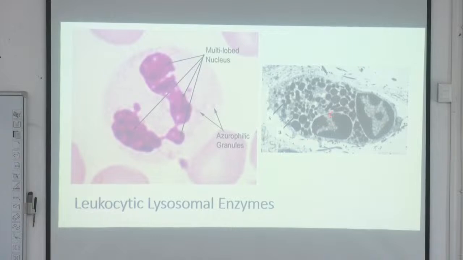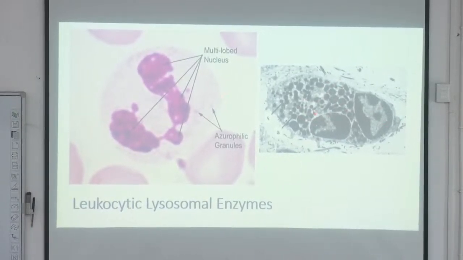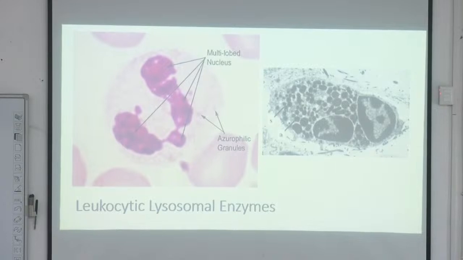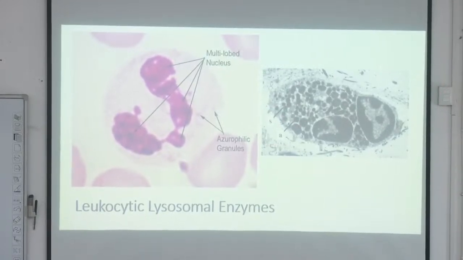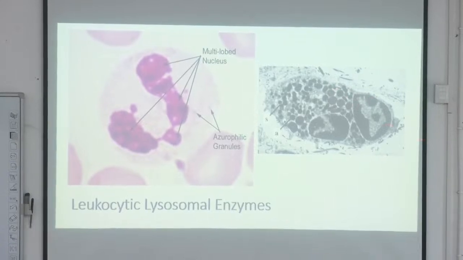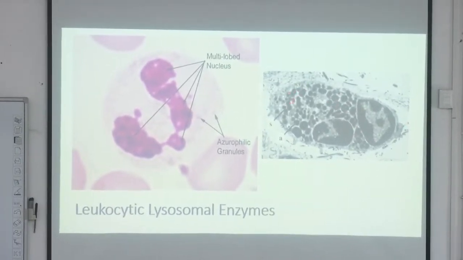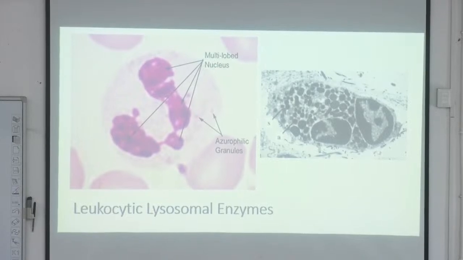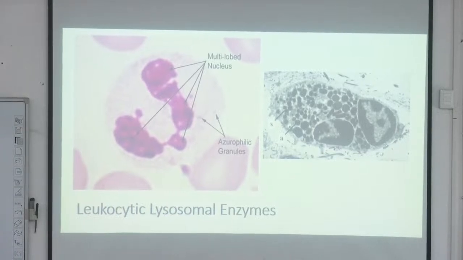This picture is seen under which microscope? Electron microscope. So these are the primary granules, the bigger ones, and these shorter ones are secondary granules, and they are responsible for the release of leukocytic lysosomal enzymes.